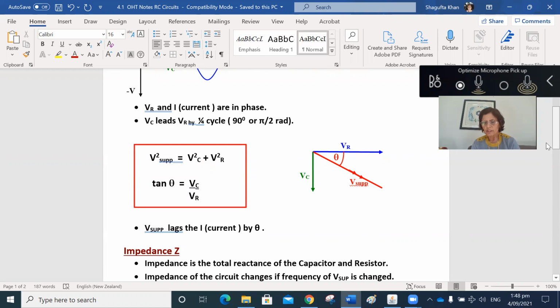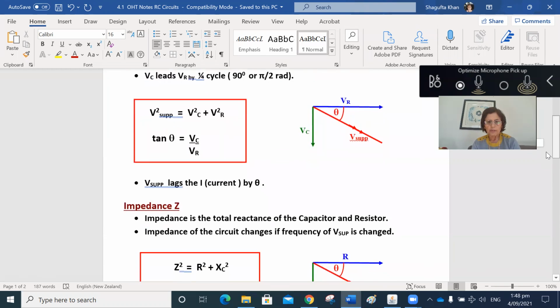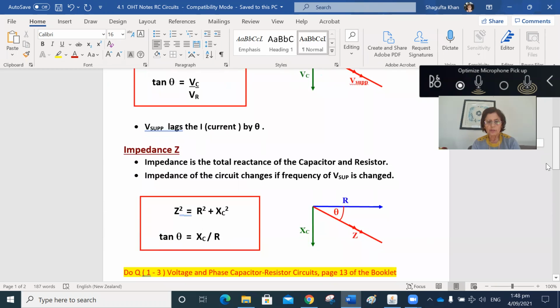Now, because the voltage across the capacitor and the voltage across the resistor are not in phase, when we want to find the total impedance of the capacitor resistor circuit, we will have to draw them like vectors again. Impedance is the total reactance of the capacitor and resistor circuit, and it changes with the frequency.